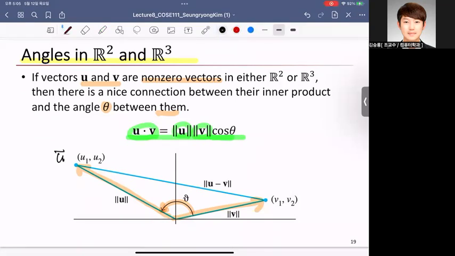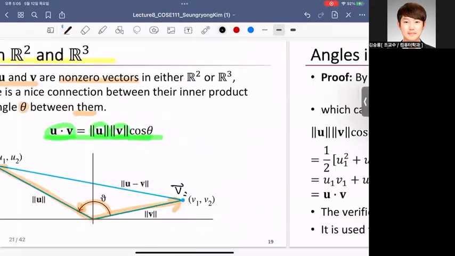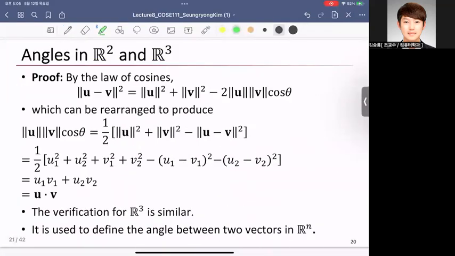Here is the vector u, and here is the vector v. Let's prove. So first of all, by the rule of cosines, from your high school, the squared length of u minus v is equal to the squared length of u plus the squared length of v minus 2 times length of u, length of v, cosine theta.